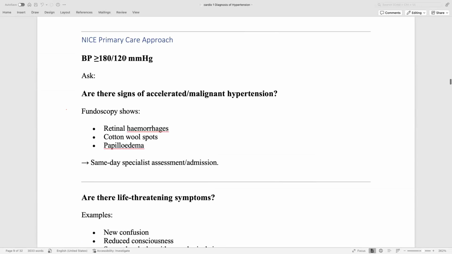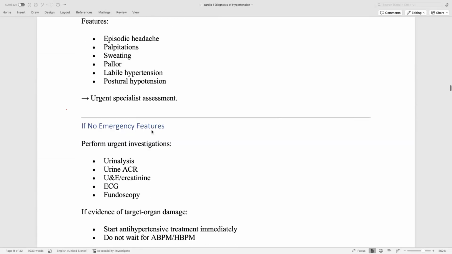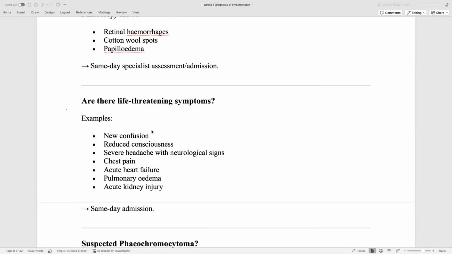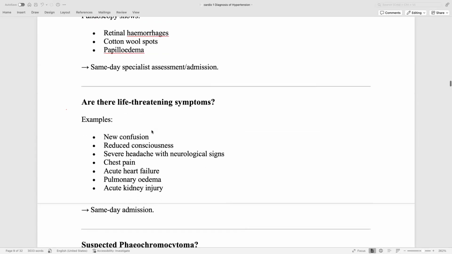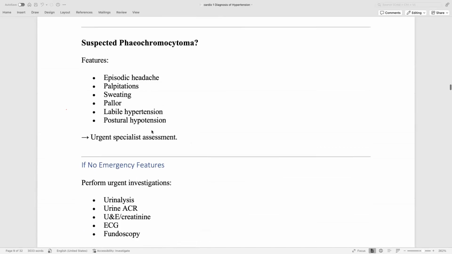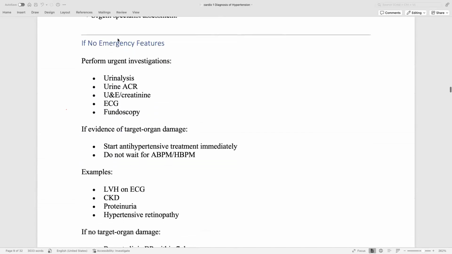This patient, blood pressure 180 over 120, sir. If there is no acceleration, no malignancy, no life-threatening condition, no pheochromocytoma, no end organ damage, urine analysis, serum creatinine, urea, electrolytes, ECG, fundoscopy all normal, can we say this is hypertension?